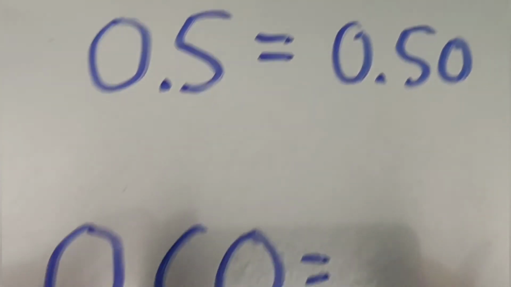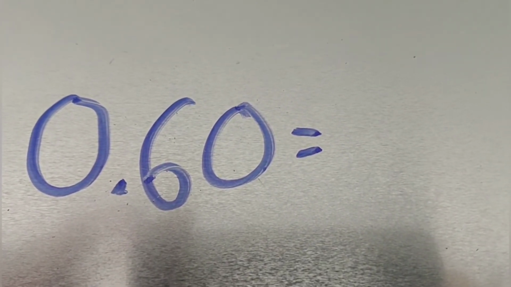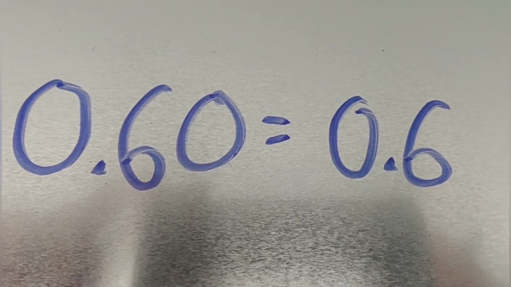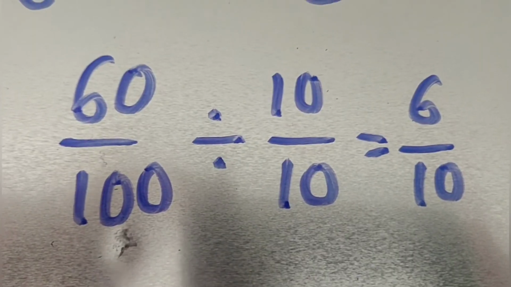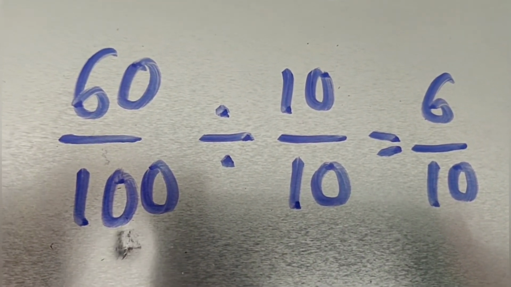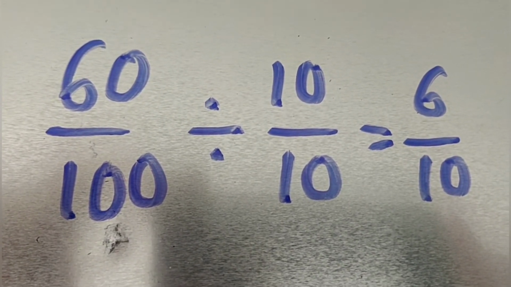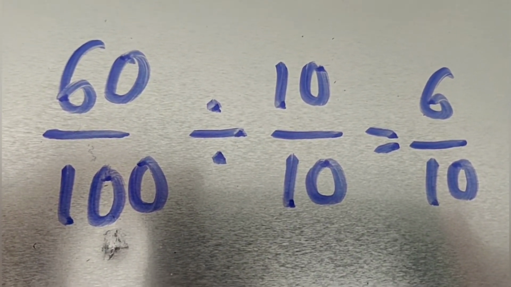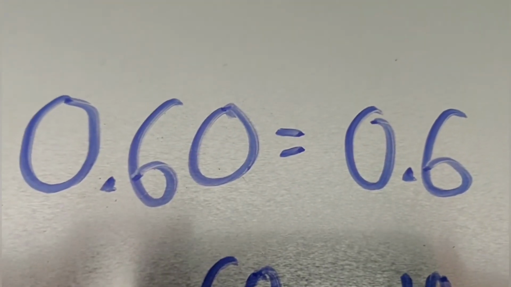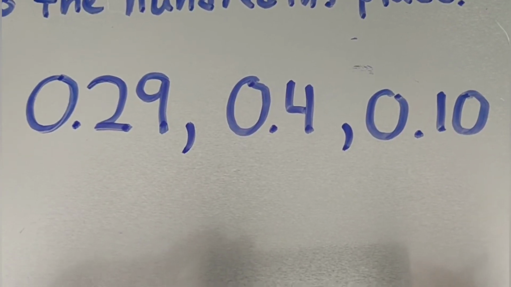And in the same way, I can say that 0.60 equals 0.6 because 60 hundredths equals 6/10, because I could divide the numerator and denominator of 60 hundredths by 10, and I would get 6/10. So 60 hundredths equals 6/10.